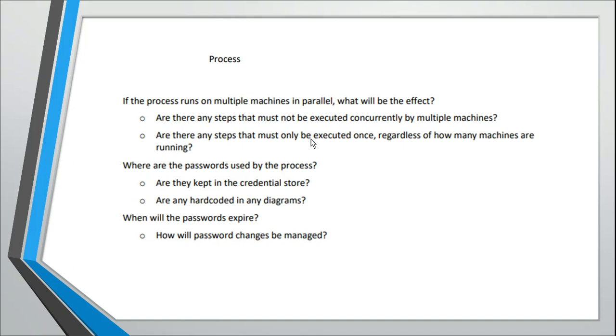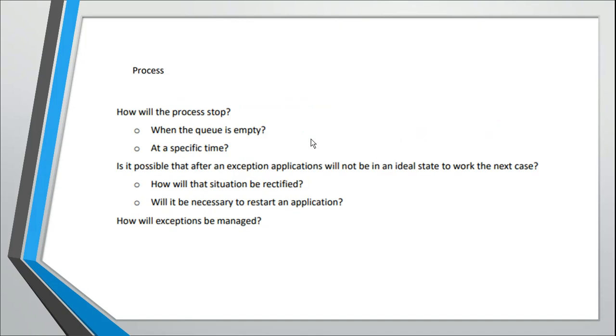If the password has expired and the bot doesn't know, and authentication fails while validating credentials, how will mails be sent to the business owner? These things have to be mentioned in the SDD.